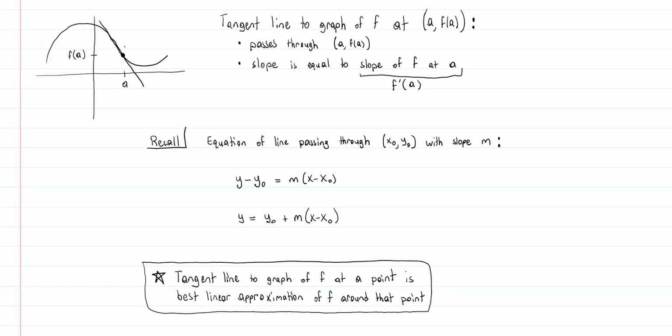I won't go into much detail about in what sense that is true. That's maybe something that you will see in your calculus course. Now, for the remainder of the video, I will just work through a couple of examples of writing out equations of tangent lines.